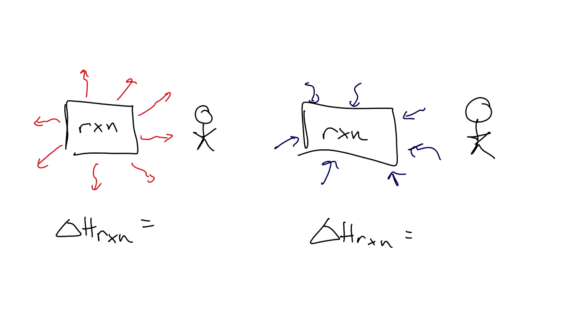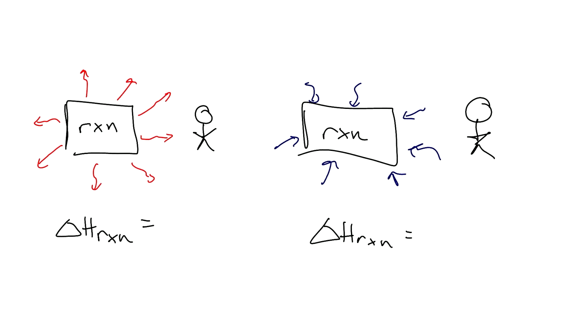Which way is energy going? In this reaction, light is energy. So is energy, light, entering the system, the reaction, or is it leaving the reaction? Leaving. So what is the sign of delta H or energy change in this reaction? Negative, yes, because light left the reaction.